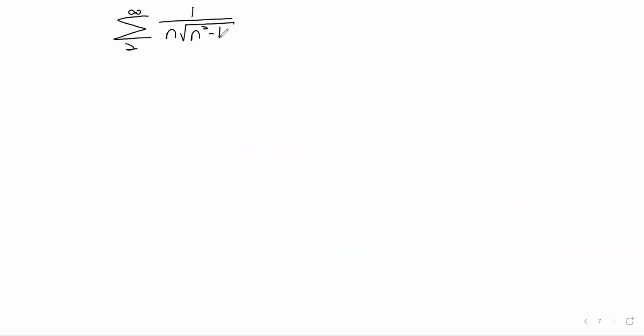So n squared minus 1 is looking more and more like what? Well, n squared minus 1 is a polynomial. If a polynomial is looking more and more like its leading term, what's the leading term of n squared minus 1? N squared.